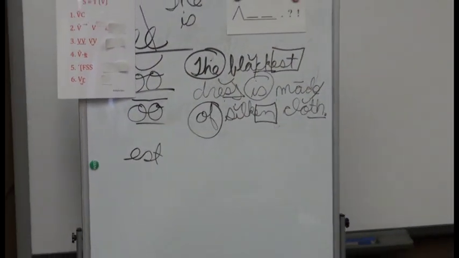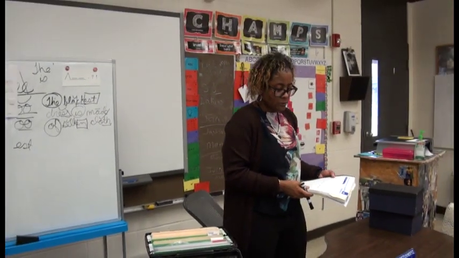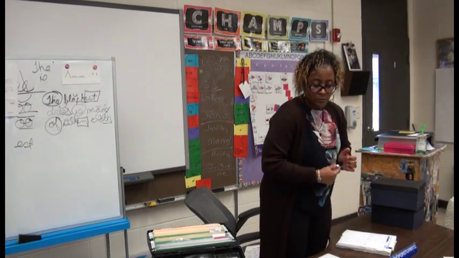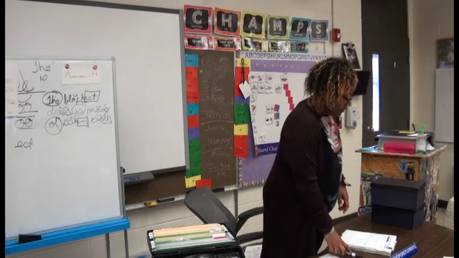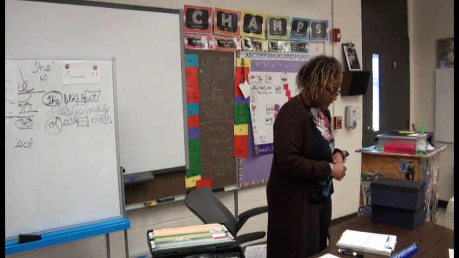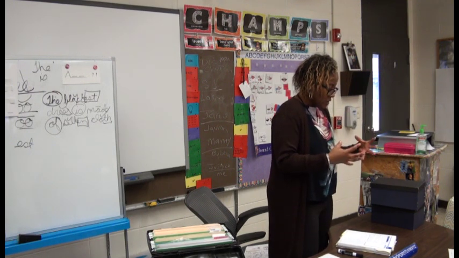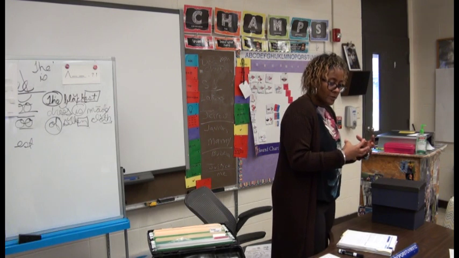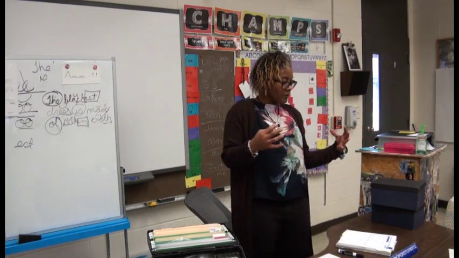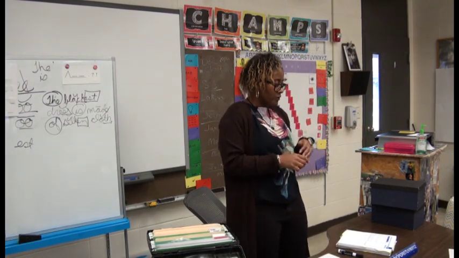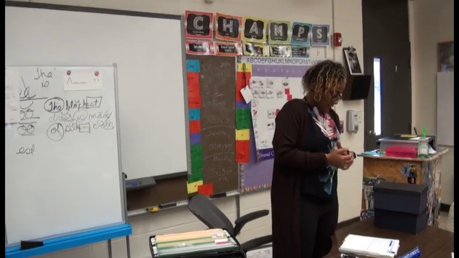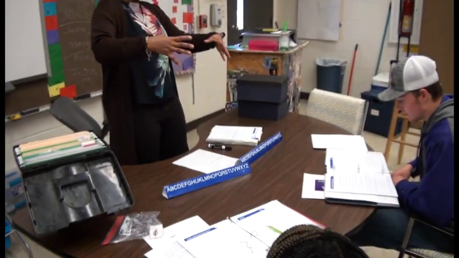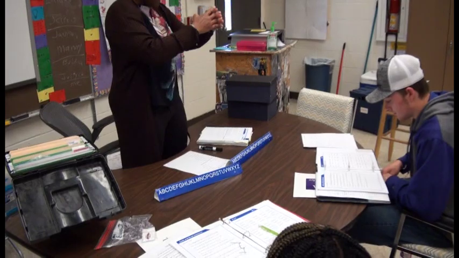Okay, now we're going to turn to your other page. We're going to do our rap words. Now, when we're looking at the rap, in that first group, what orthographic pattern do you see in that first group? EN. Good job. In that second group, what do you see in that orthographic pattern? EST. Yes, and then the third group, it has EN and EST.